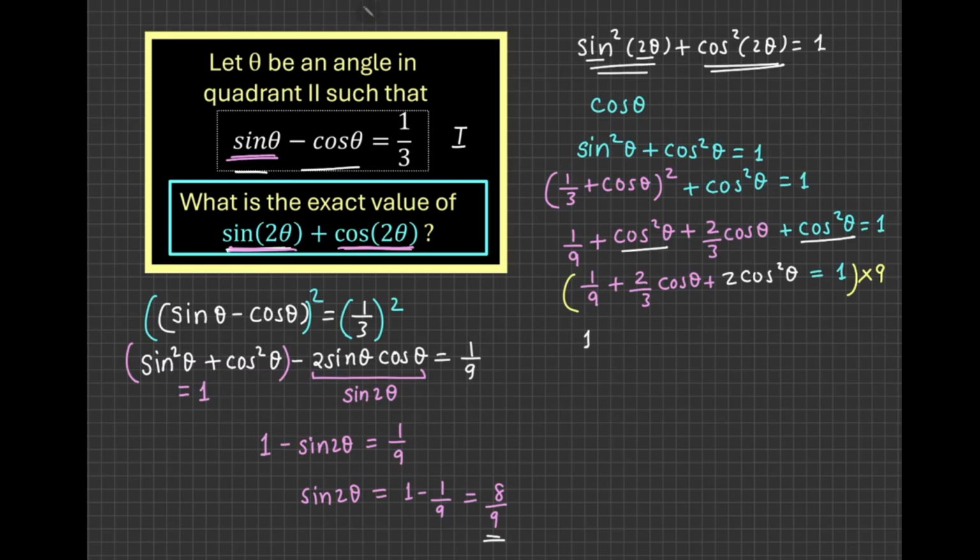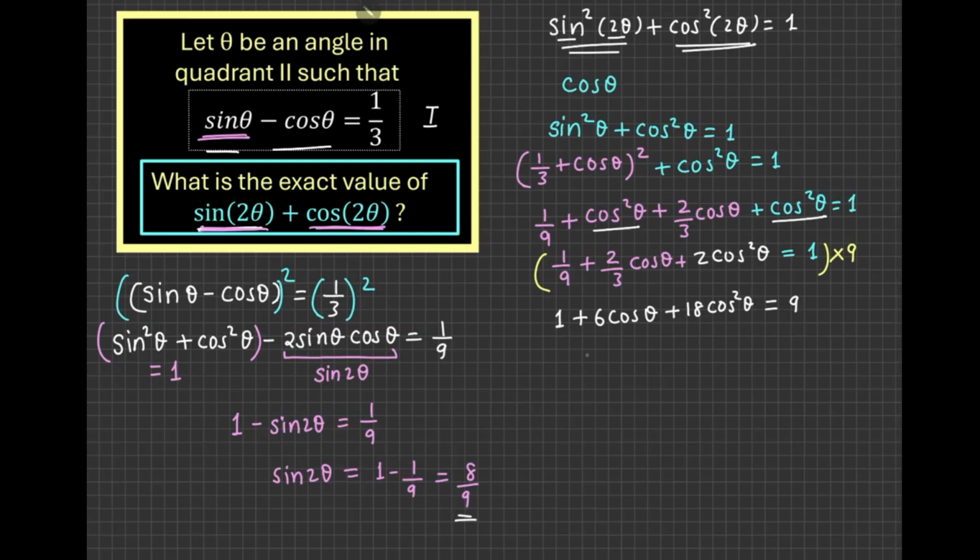This first term becomes just 1. Second term becomes 2/3 times 9, which gives us 6 cosine theta, plus 18 cosine squared theta. Let's subtract 9 from both sides, and that would give us 18 cosine squared theta plus 6 cosine theta minus 8 equals 0.